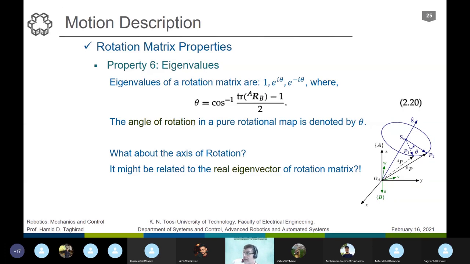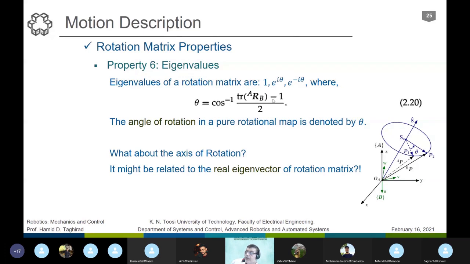As you see here, if we have a moving frame, instead of considering a Cartesian one, x, y, z, basically it is moving about a vector with an angle theta. But what is this vector? Where is this vector? The eigenvalues give you the angle of rotation.